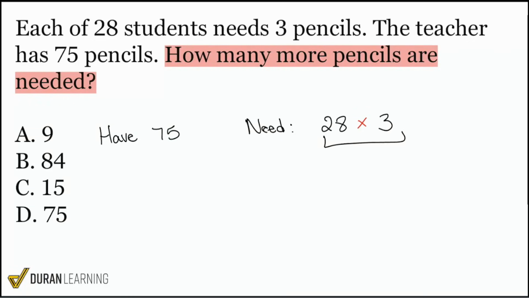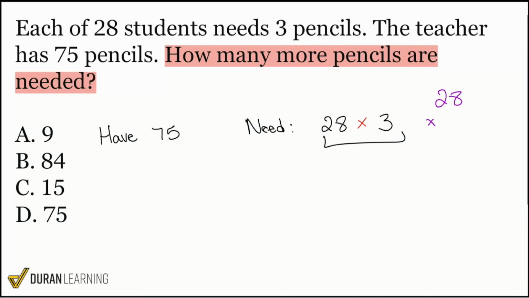We said if we need to figure out how many more pencils are needed, well, there's a certain amount that we have, and there's a total that we need, and we're going to have to subtract. So we're going to multiply the 28 times 3, and then subtract what we have to see how much is left. Let's do that right over here.